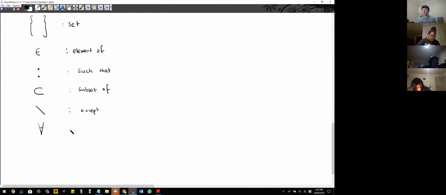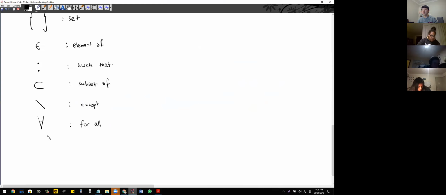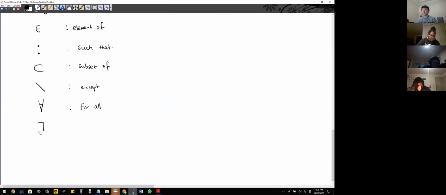This here, upside down A, it means for all. And sideway reflected version of E means there exist. So this A is for this A. It's not a coincidence. Mathematicians made it like that, you know? So that means for all. And if you have I, F, F, this means if and only if.